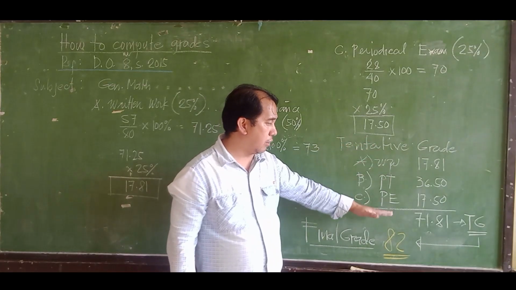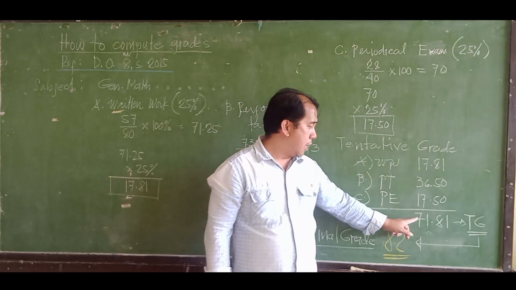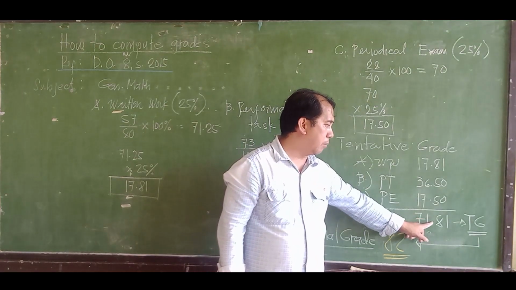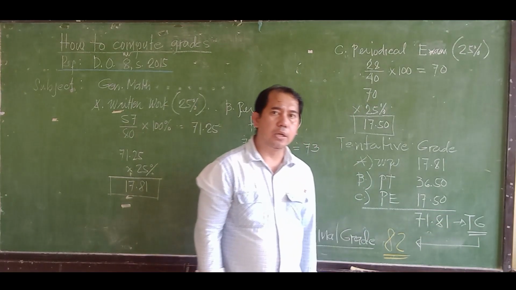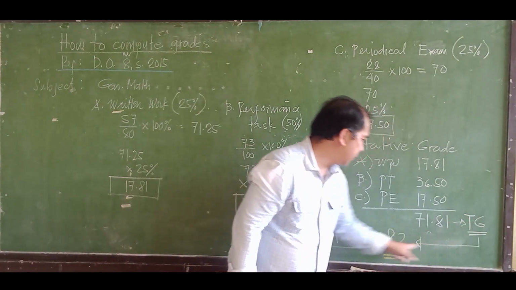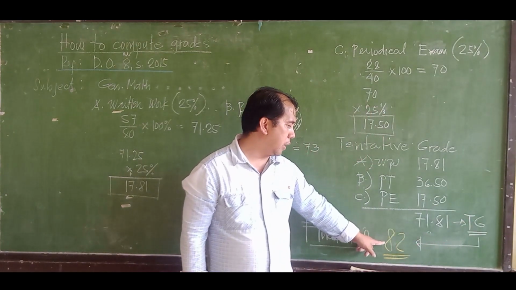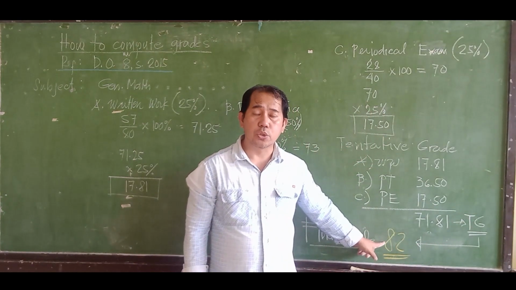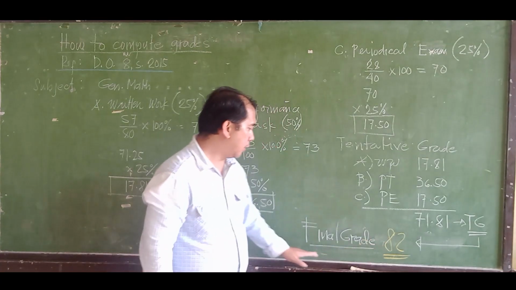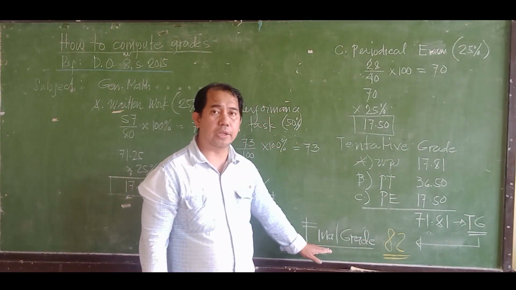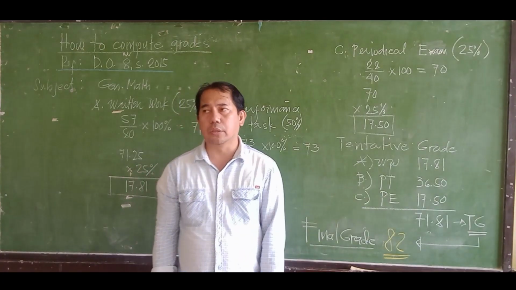To get the final grade of that quarter, the 71.81 must be transmuted. So the transmuted grade is considered to be 82. So the grade is 82. And that is already our final grade for that certain quarter.